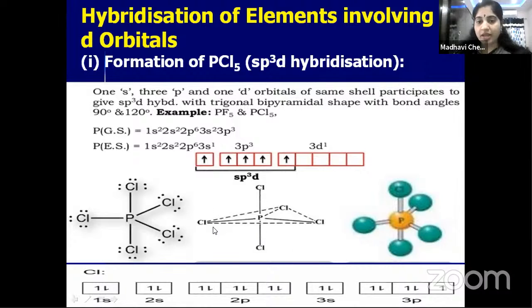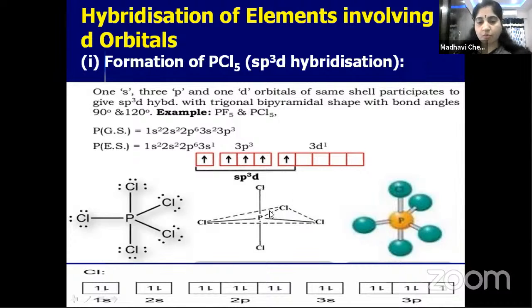So axial bonds and equatorial bonds, two axial bonds and three equatorial bonds. These axial bonds are little bit longer when compared with the equatorial bonds, because they are experiencing more repulsion from bond pairs. Okay, so and the bond angle, see children, in equatorial bonds the bond angle is 120 degrees, because they are present in a triangle, equatorial triangle.